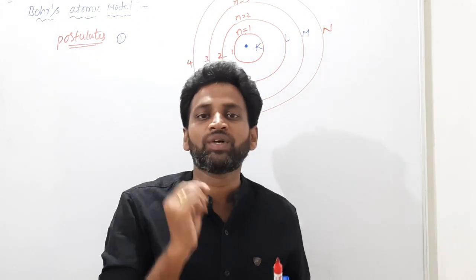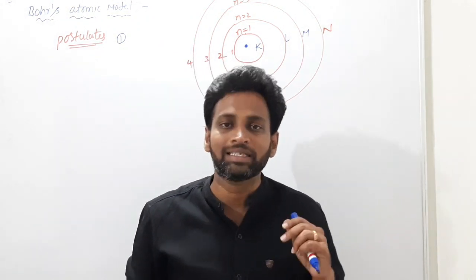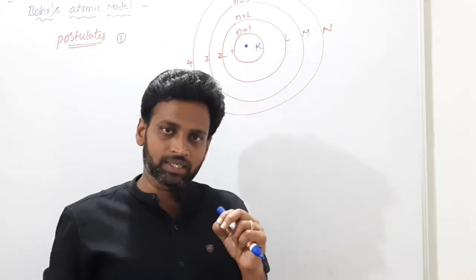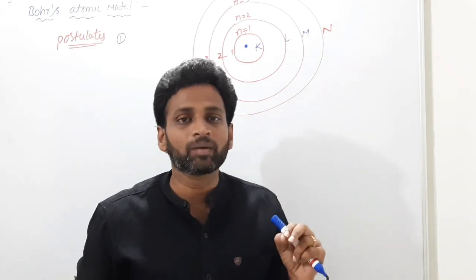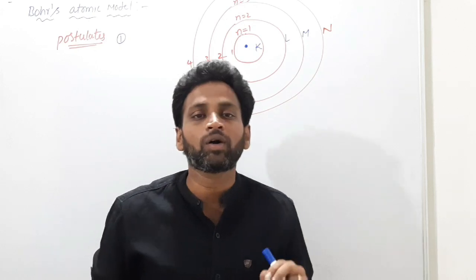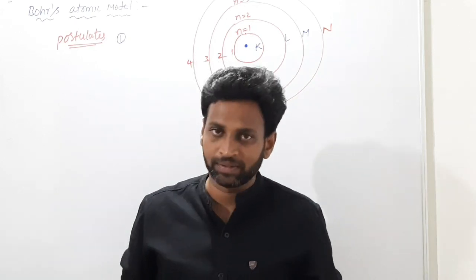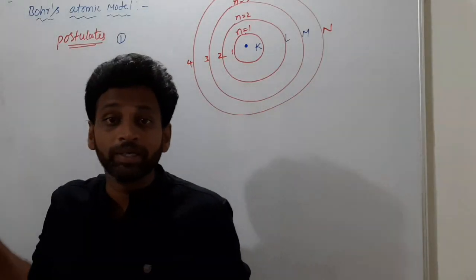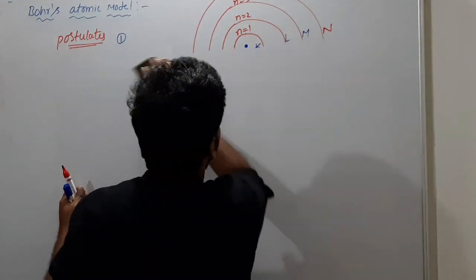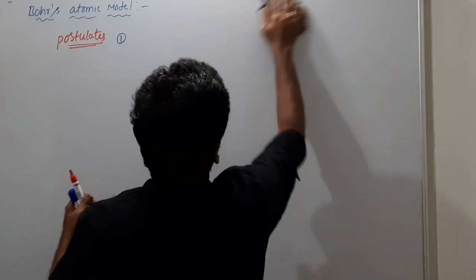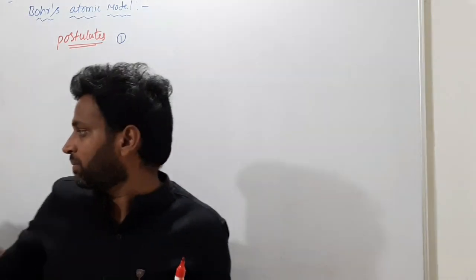So what is the first postulate given by Niels Bohr? Around a nucleus, electrons will revolve with high speed in circular paths, which we call orbits or shells. Those orbits or shells are denoted with a small n. What is that n called? Principal quantum number.